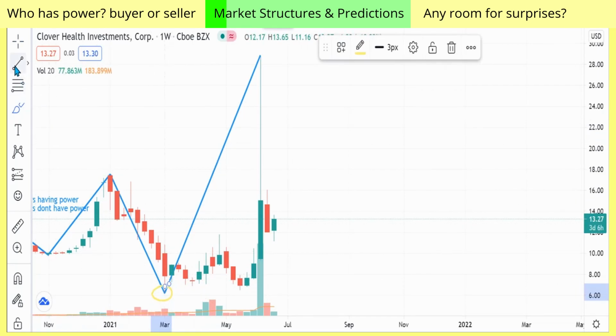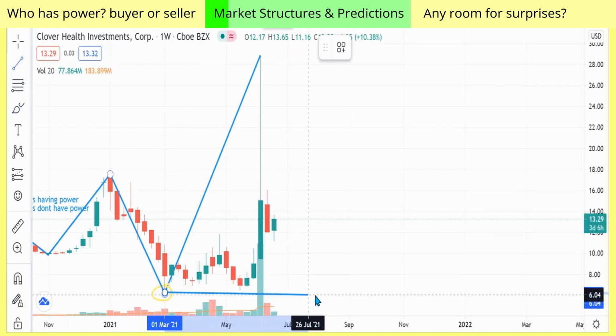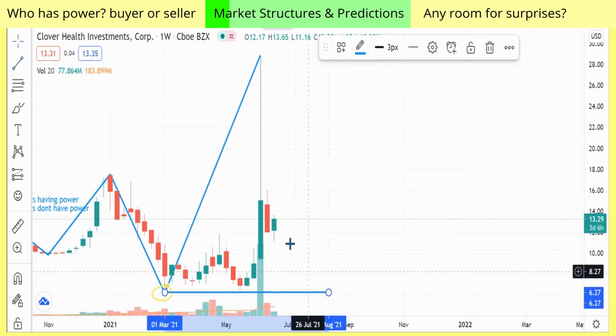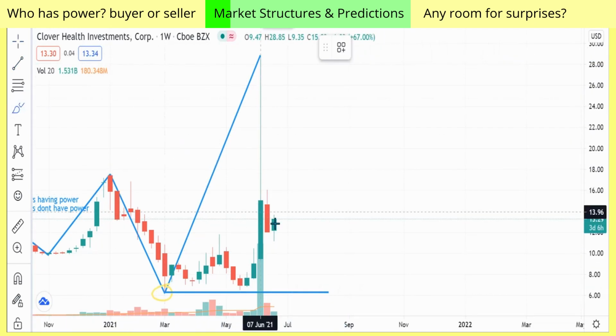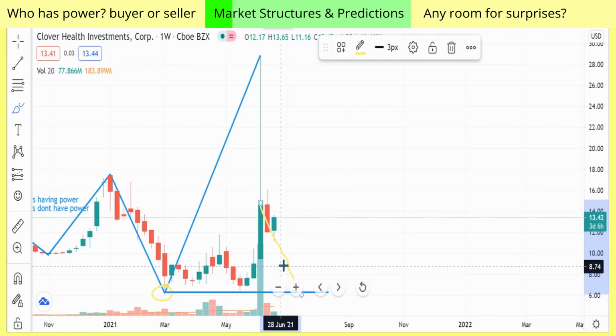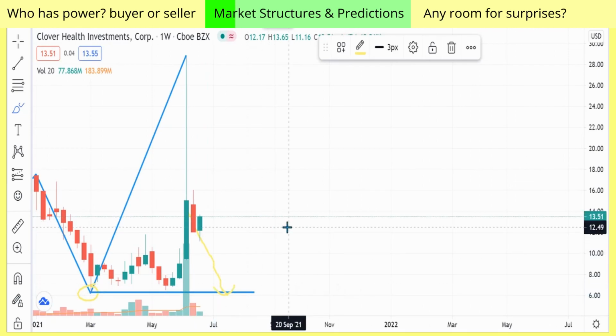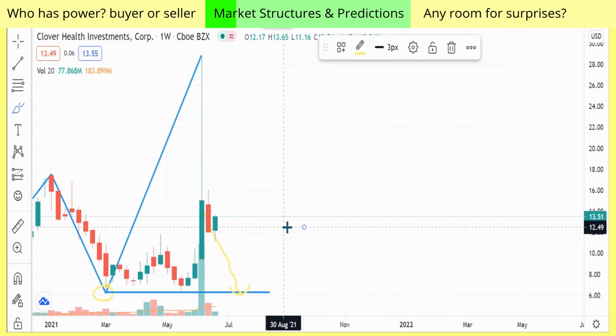So we are expecting the price to move at least down to this level. That's the target. That means this particular down move is going to move all the way to this target point. We are not definitely saying it's going to move there, but that's the target.